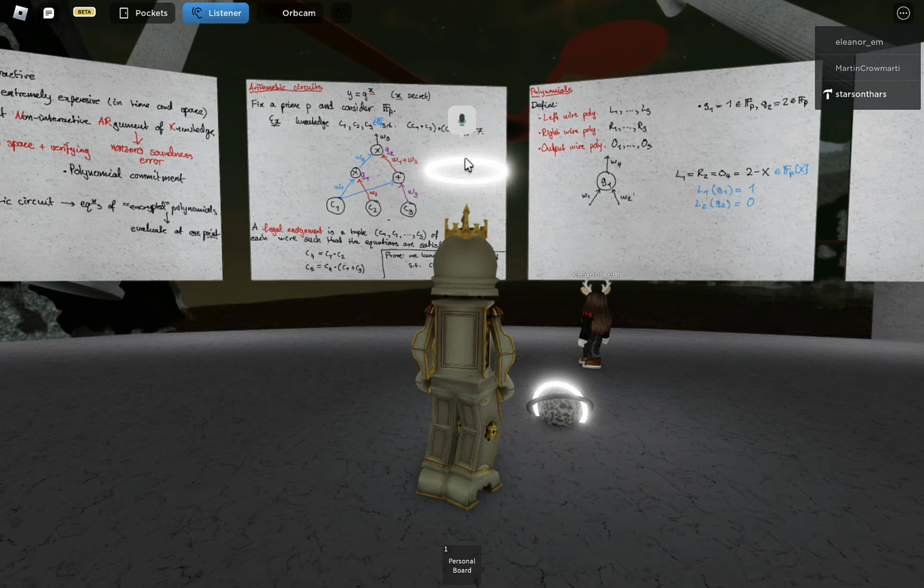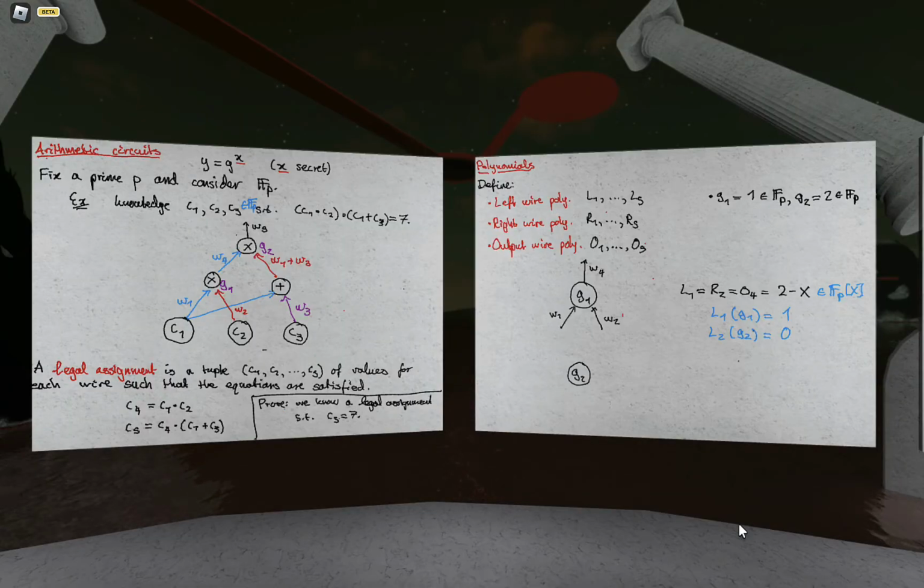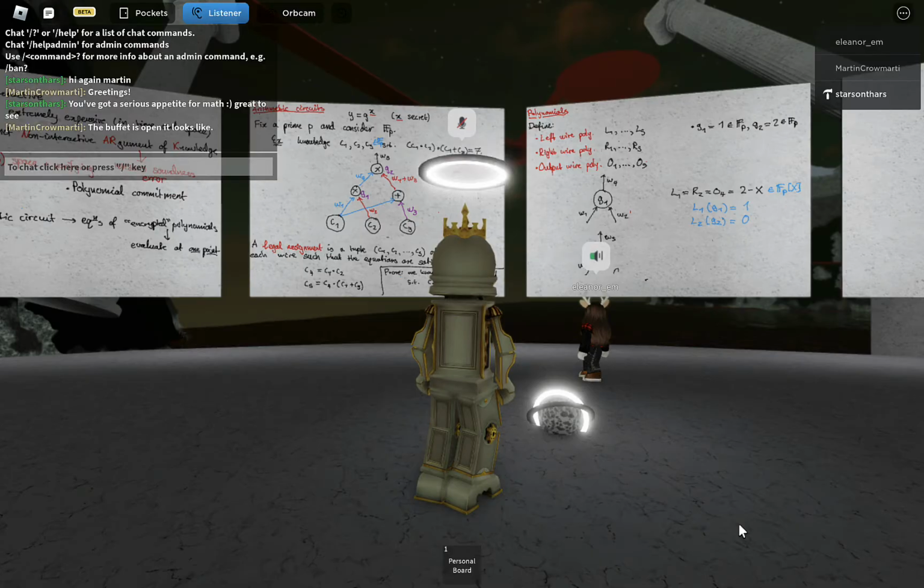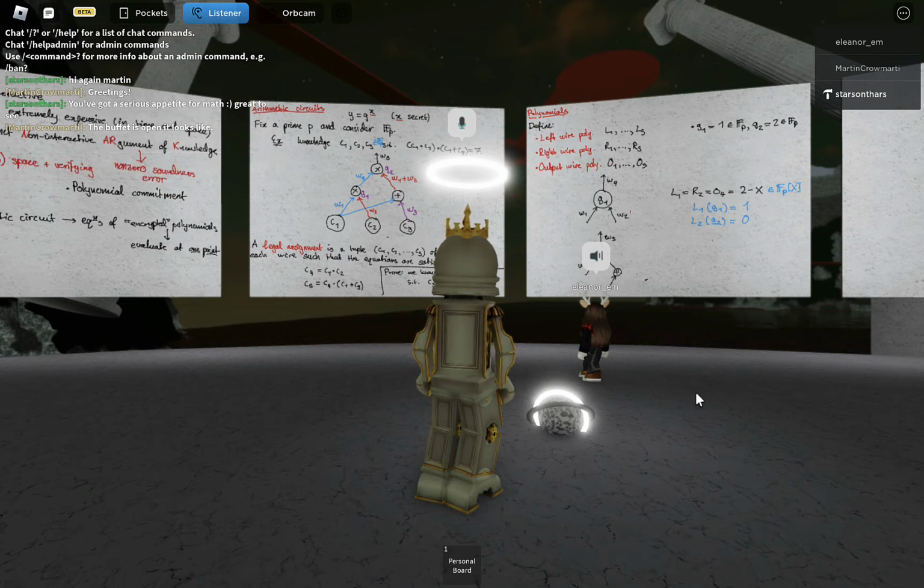Okay. And in the other case, I have G2. As input on the left, I have W4. As output, I have W5. As input, I have the addition gate made up of... You wrote L2 of G2 as 0. Did you mean L1?